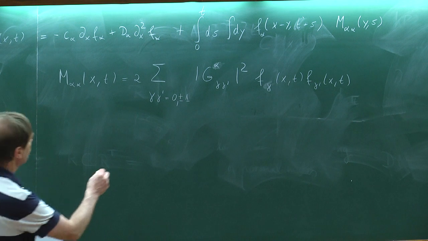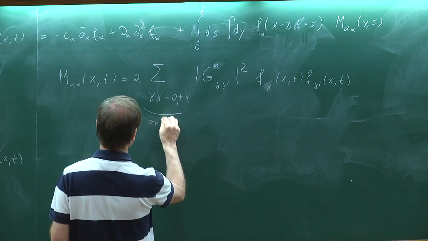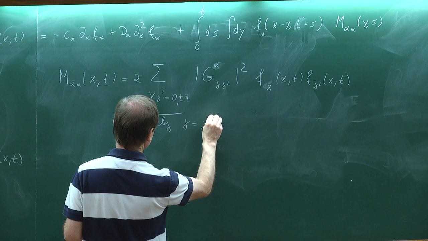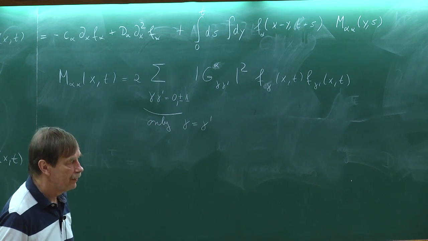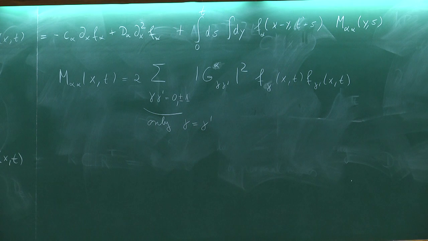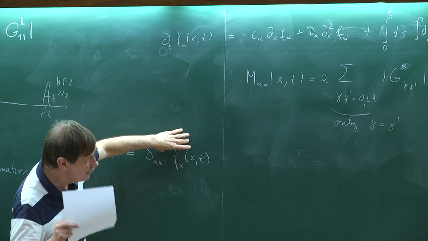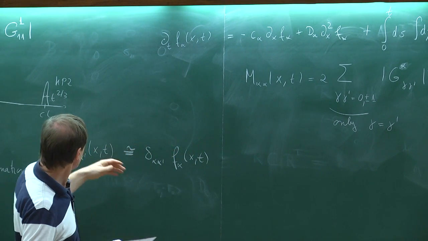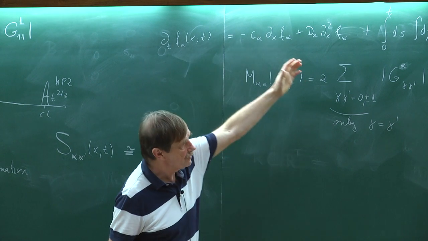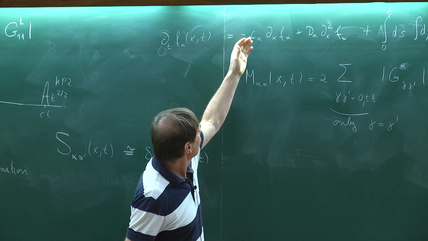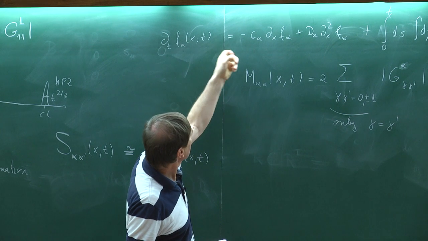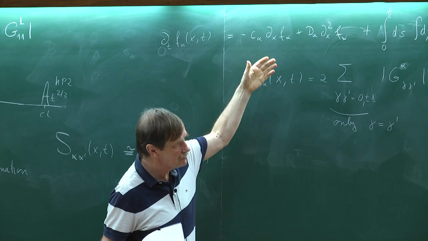So here, only gamma equal to gamma prime. That's the diagonal approximation. The diagonal approximation is saying that this full matrix will be, for large x and t, approximately diagonal. You see, the full mode coupling equations have a similar structure to what is sitting over here, but here I have just scalar functions, whereas all the objects are actually 3x3 matrices.